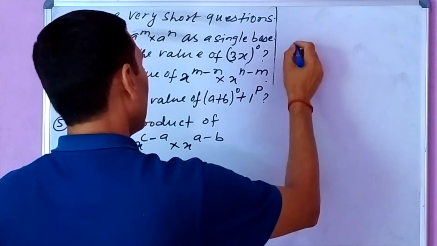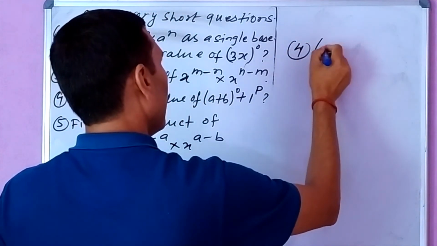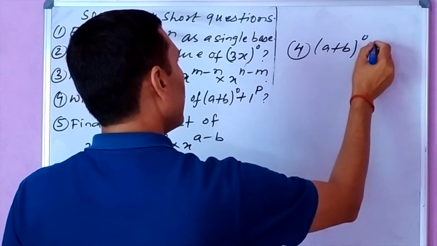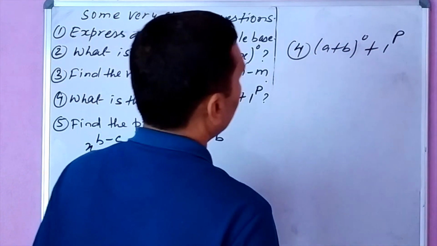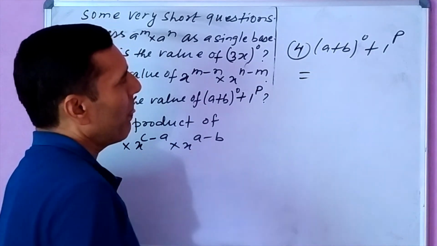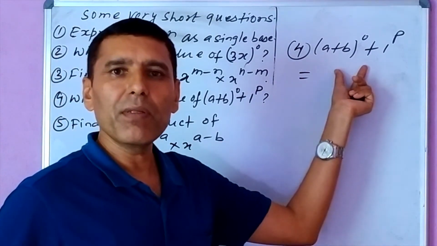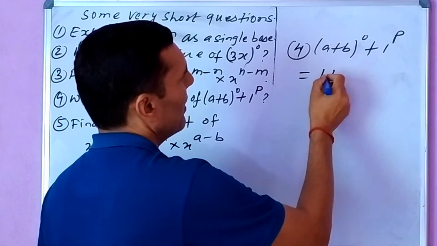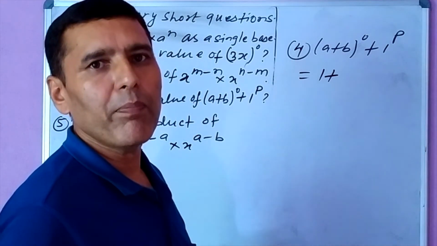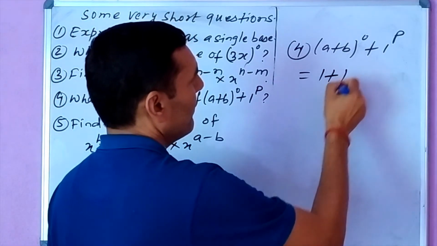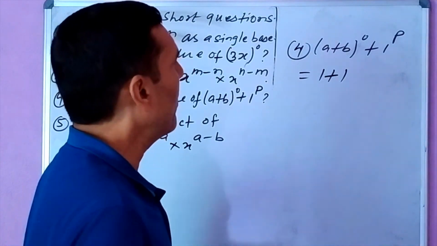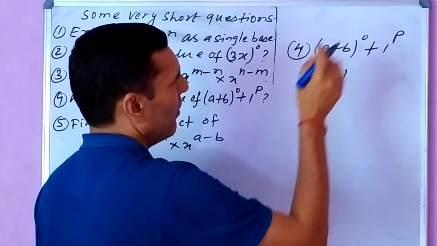Similarly, we have number 4. To find the value of (a plus b) to the power 0 plus 1 to the power p. (a plus b) whole power 0, its value is 1. And we know that any power of 1 is 1.